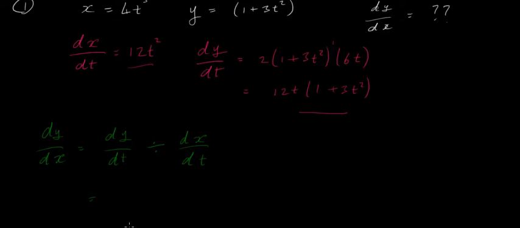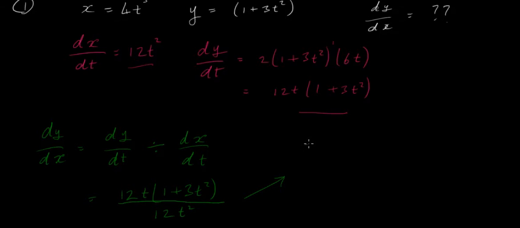In this particular case, dy dt is 12t times (1 plus 3t squared), and we're going to divide that by dx dt, which is 12t squared.